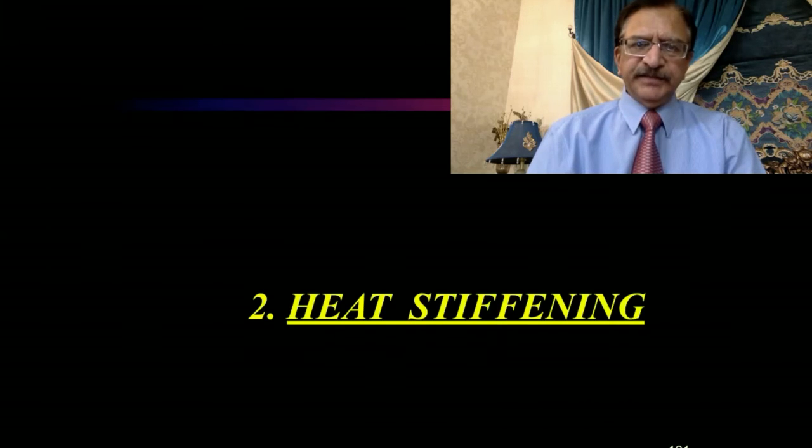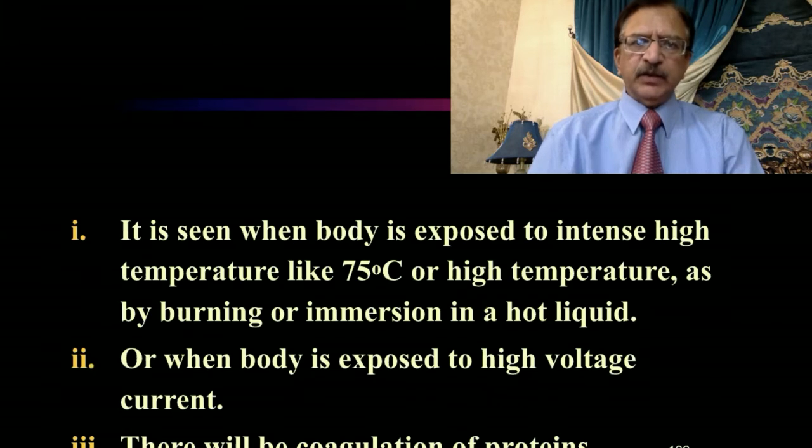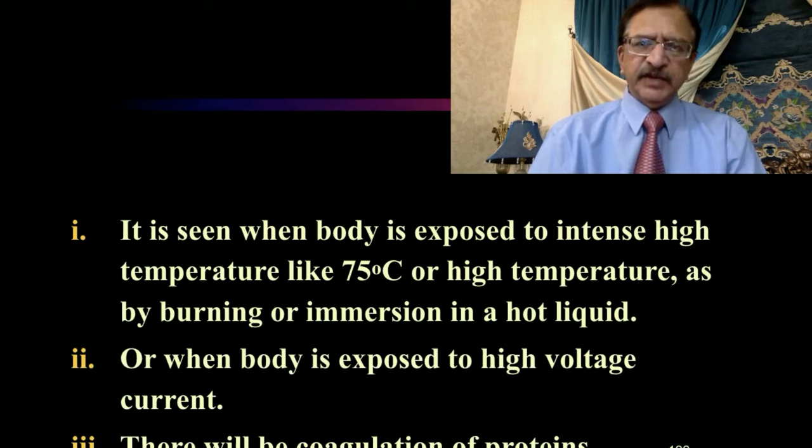Now, heat stiffening. This is because of extreme heat, and the proteins of the muscle get coagulated. It is seen when the body is exposed to intense heat, like temperatures higher than 75 degrees Celsius, as in burning or immersion in hot liquid, or when the body is exposed to high voltage current.